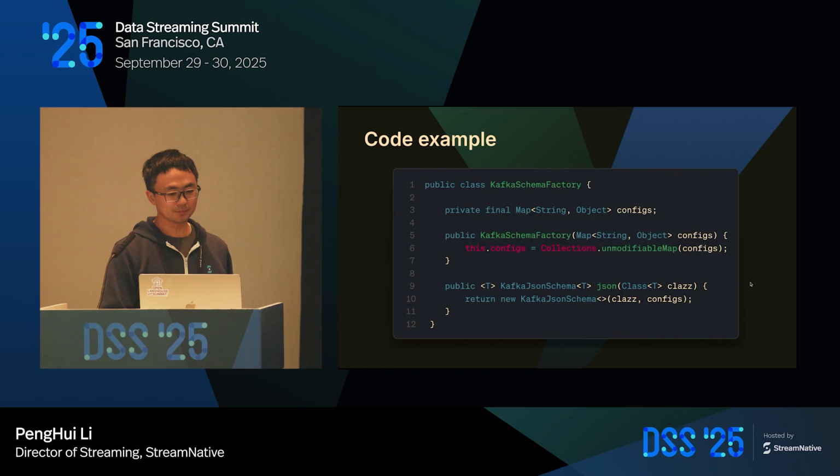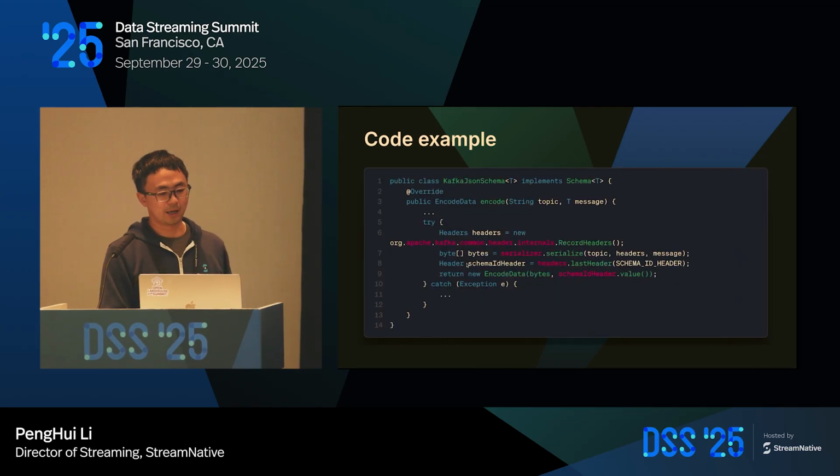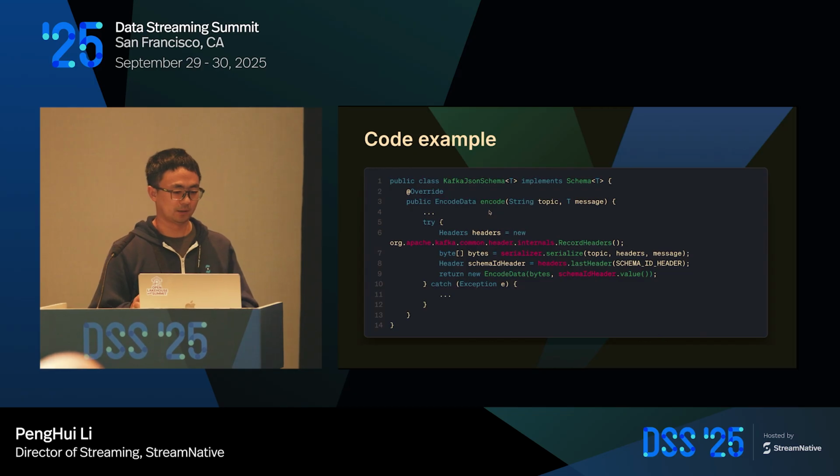And for the schema factory, it's also pretty simple, just create different schemas. In this case, we just create a Kafka JSON schema. If you want to integrate with an external schema, it's a similar pattern you might need to follow from this code example.